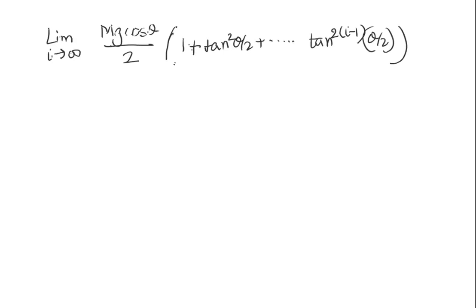So this is just an infinite series. An infinite series having the first term as a and the ratio as tan square theta by 2, right? So this will simply become mg cosine theta by 2, yeah, into 1 upon 1 minus tan square theta by 2.